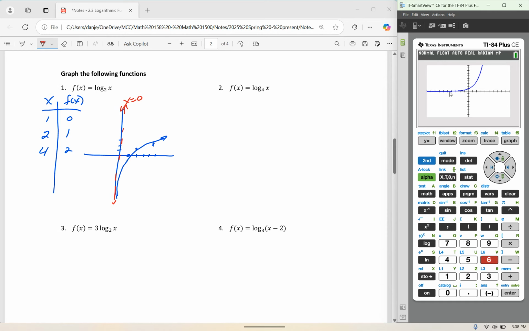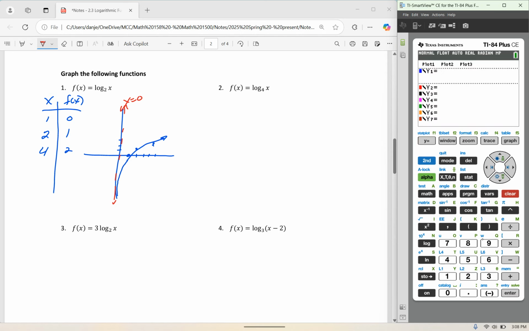We see that exponential graph increasing. And notice, if I pick a couple of points here, if x is 0, y is 1. Actually, let me go second calc, the value here. If x is 0, y is 1. If x is 1, y is 2, and we would increase exponentially.